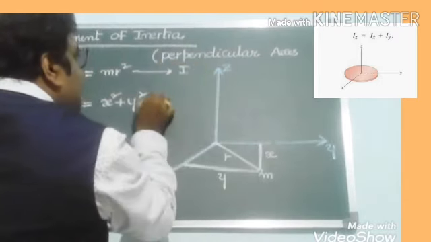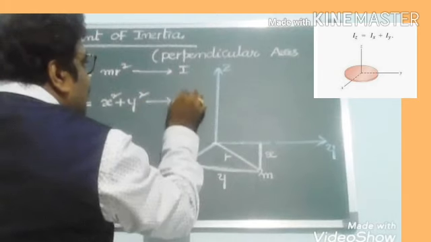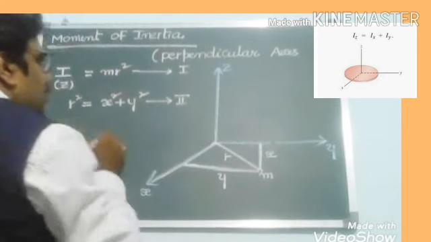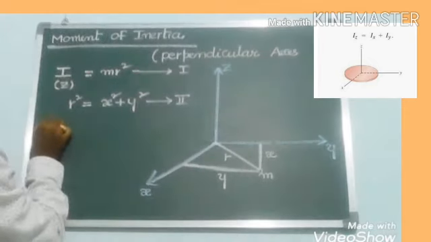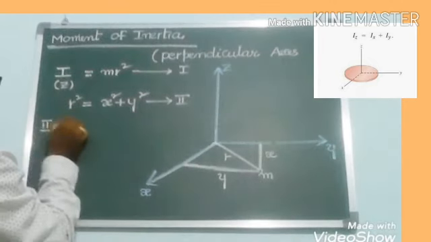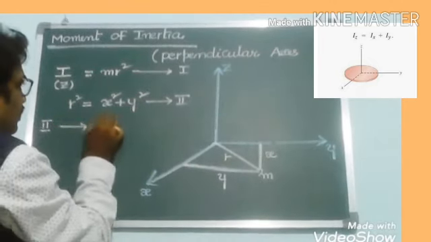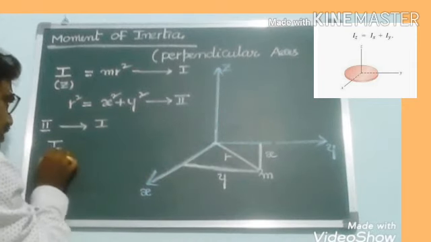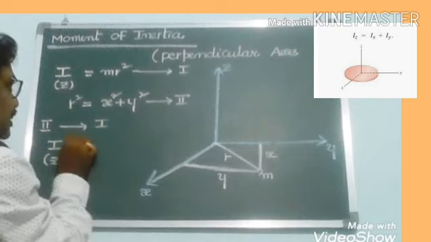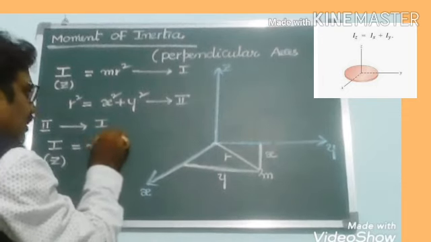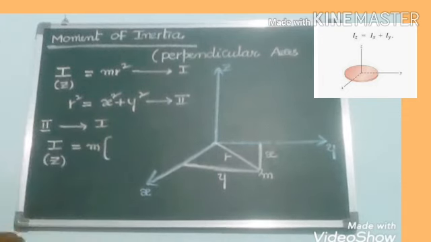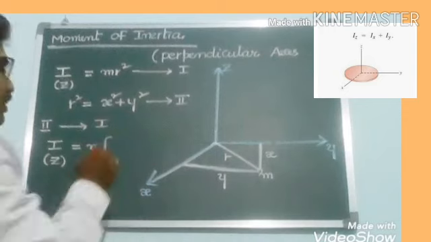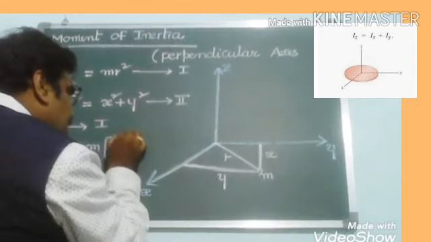This is equation number 2. I am going to substitute the second equation into the first equation. So moment of inertia with respect to z axis is equal to m into, in the place of r square, I am going to substitute x square plus y square.